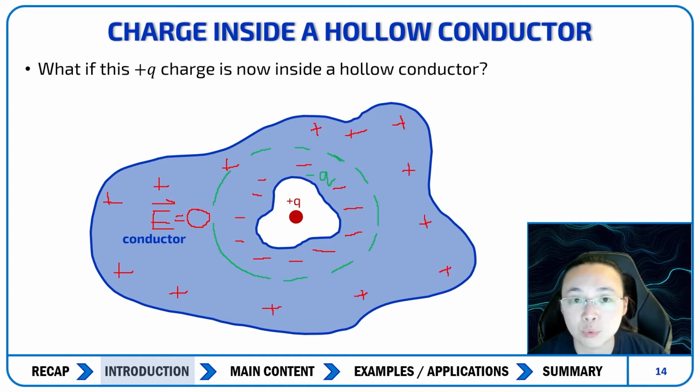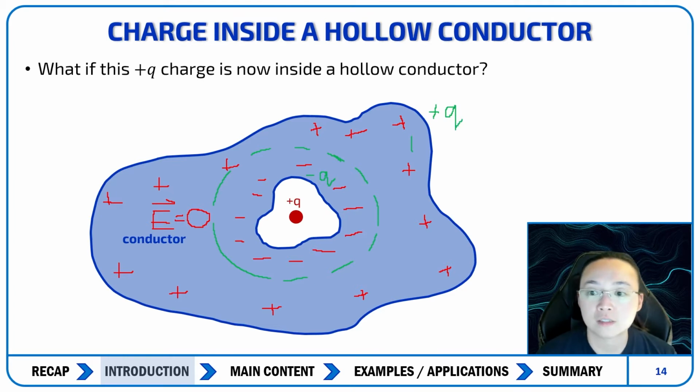And therefore it pushed positive Q onto the outer surface. So you will have to be able to label diagrams properly to show what kind of charge is on the surface based off of the placement of a test charge, for example.